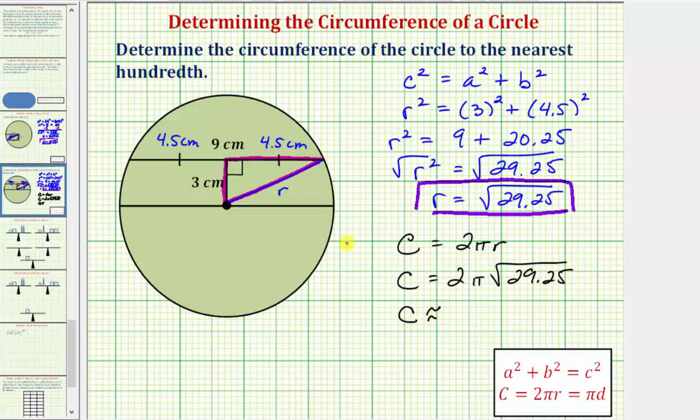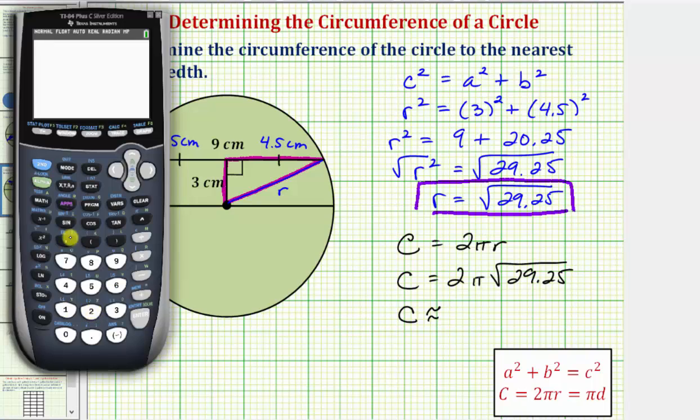And now we'll use the calculator to get our decimal approximation. We have 2, and then pi, and then times the square root of 29.25, right arrow, enter. To two decimal places, this would be approximately 33.98, and the units would be centimeters.